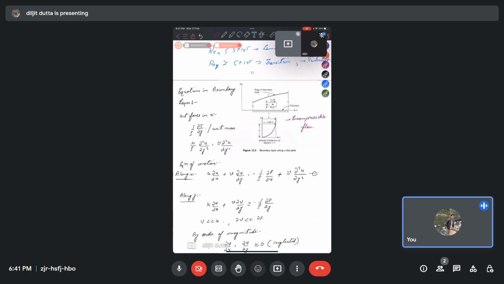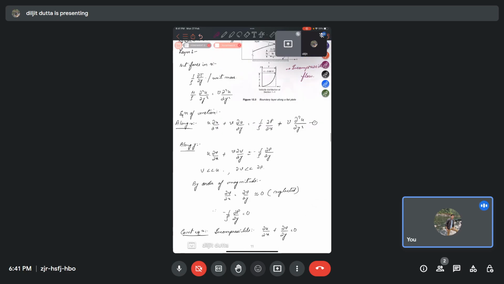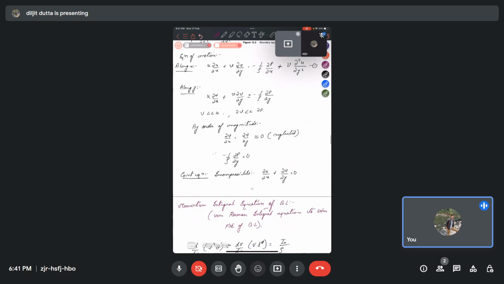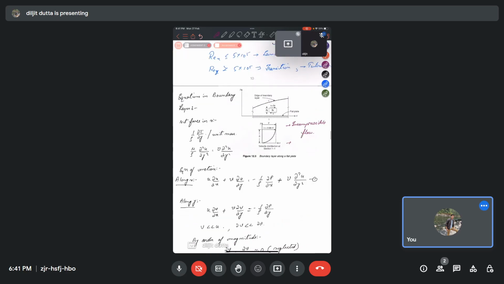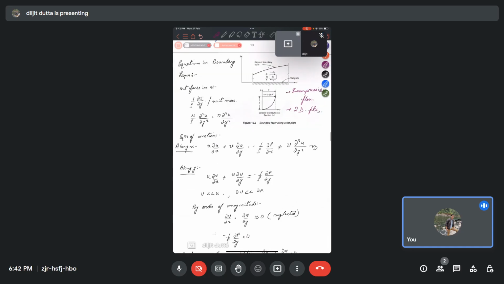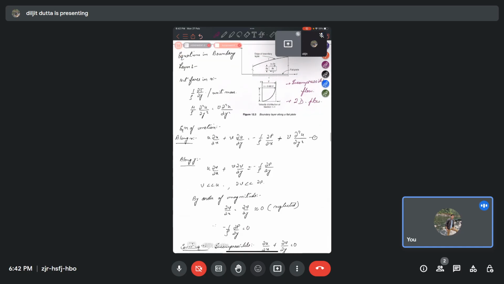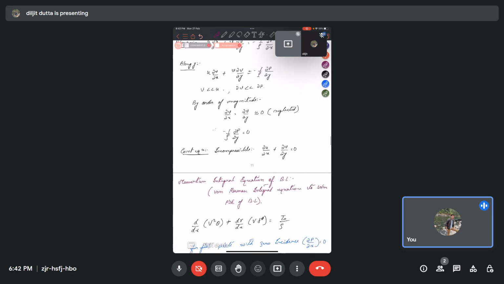If the flow is considered incompressible, and two-dimensional, 2D, we are not going to 3D flow for simplicity reasons. In case of incompressible flow, the continuity equation is given as del u by del x plus del v by del y equal to 0.